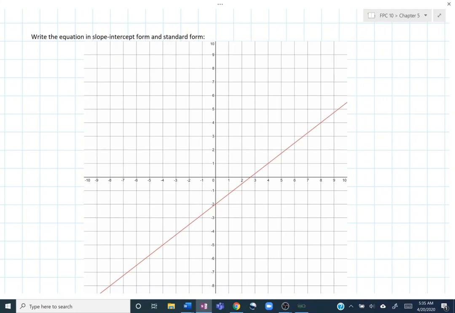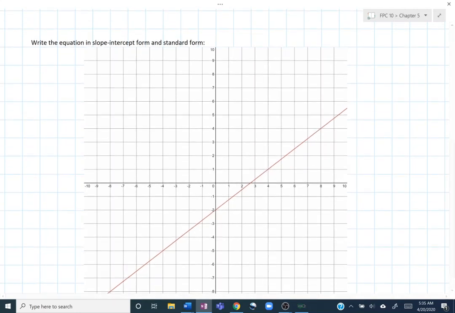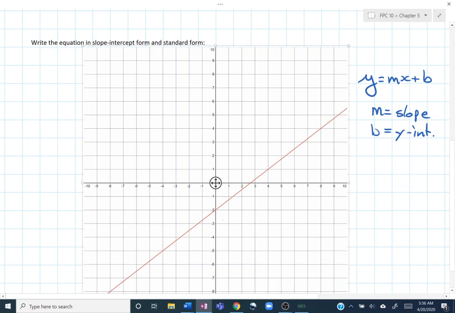All we have to do to find the equation in slope-intercept form, which is y is equal to mx plus b, is find m, the slope, and b, which is our y-intercept. If I look at our graph, our y-intercept is super easy to find. It's going through the -2 right there, so our b is going to be equal to -2.